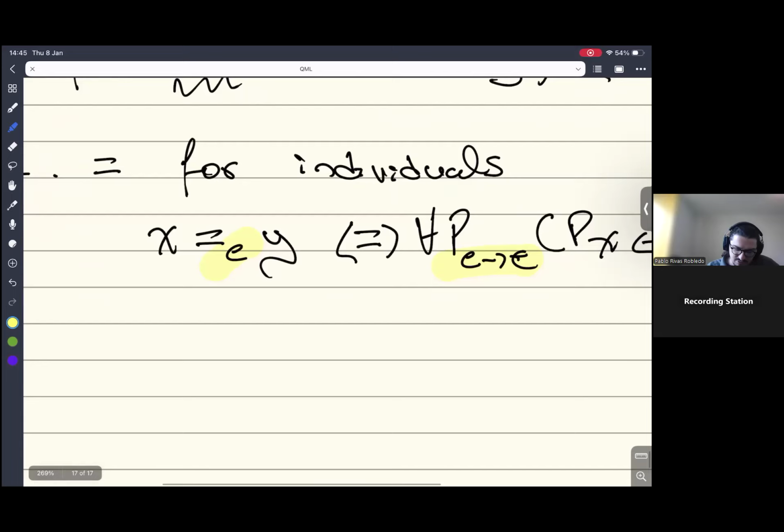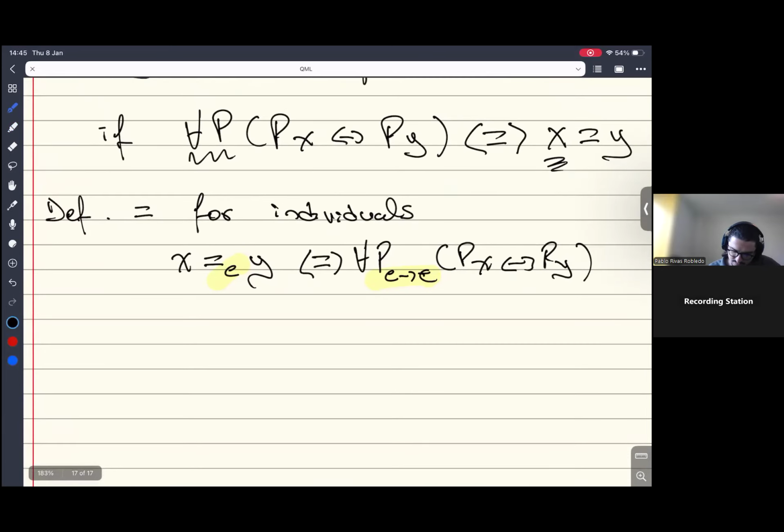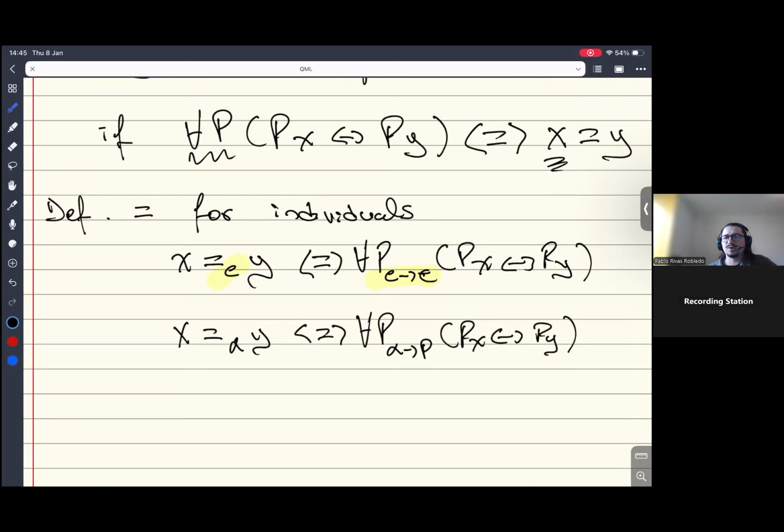You can generalize this, and there are people that defend this kind of thing, and you say that for any arbitrary type you can define identity for any arbitrary type as long as you keep the type distinctions strict.